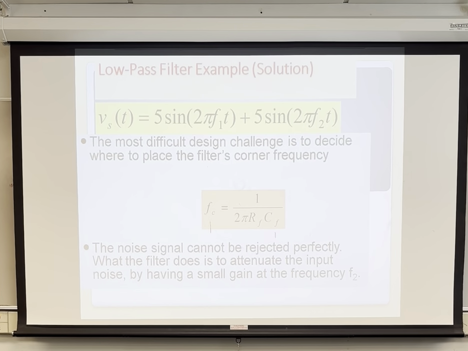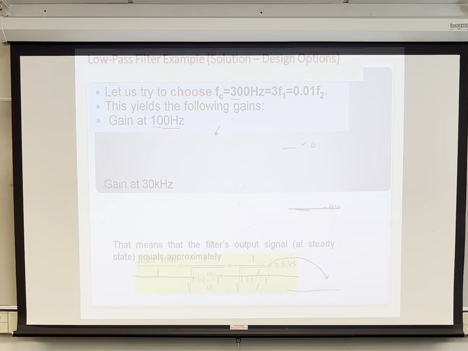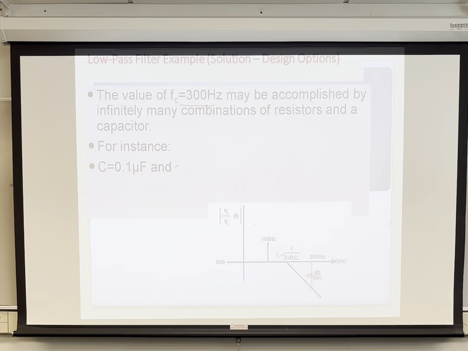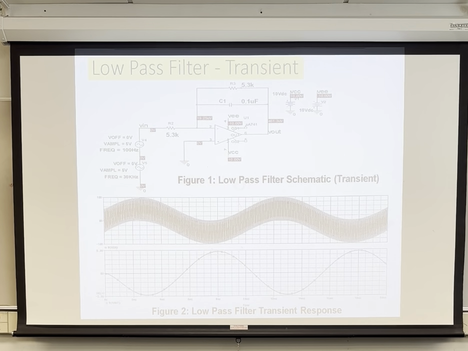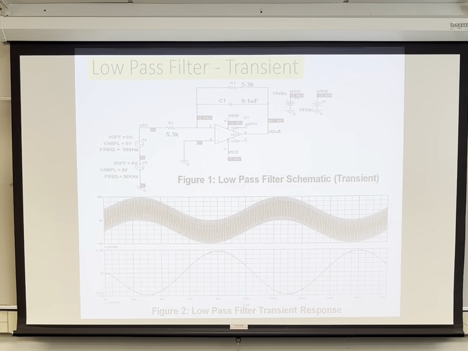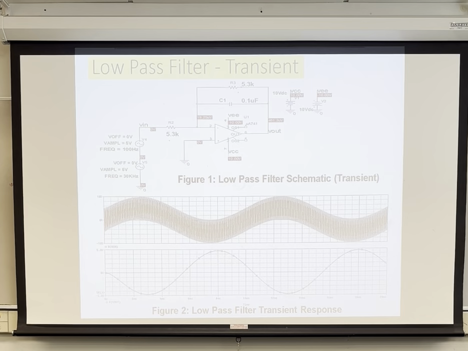The cutoff is 300 hertz, and then we solve for this resistor R sub I. And you basically completed. So here's the 5.3 K ohm, here's the 0.1 microfarad. We set the feedback resistance equal to the resistor here.